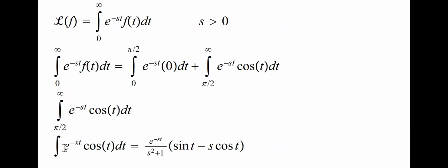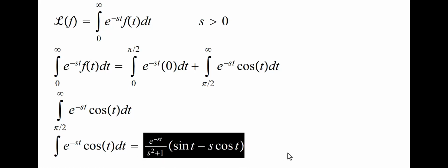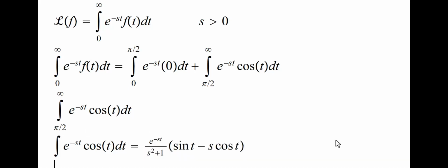So when we apply that rule, we get this integral equal to this quantity. And now we are just going to go ahead and take the limits. We know that the lower limit is pi over 2, so let's calculate that one first. So t is going to be pi over 2.